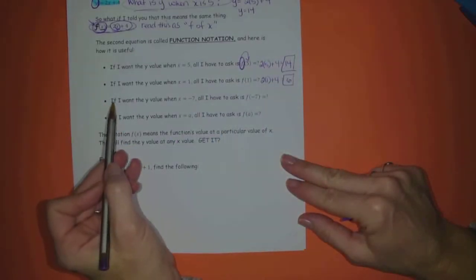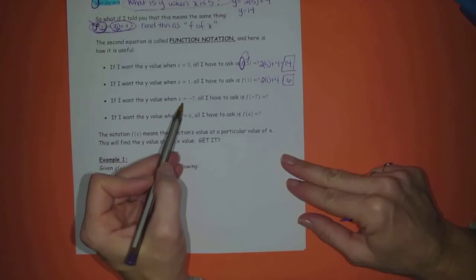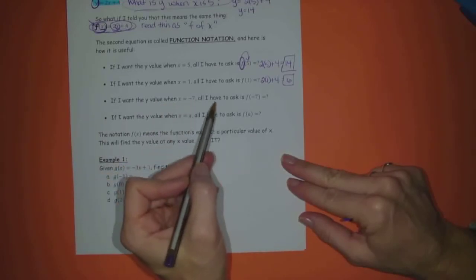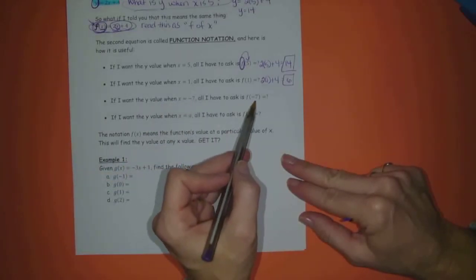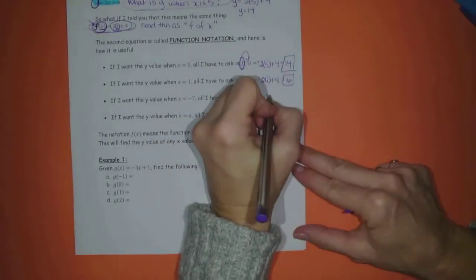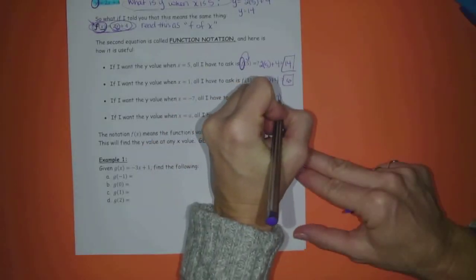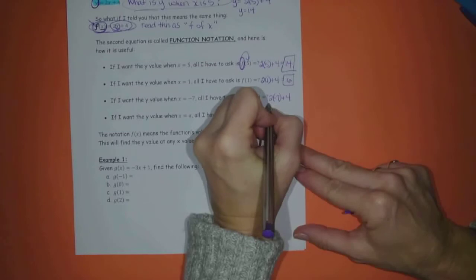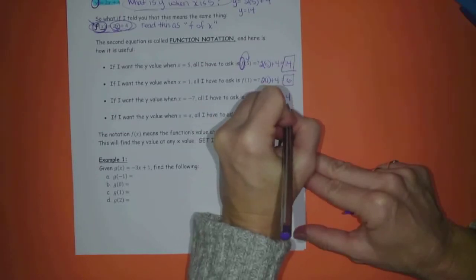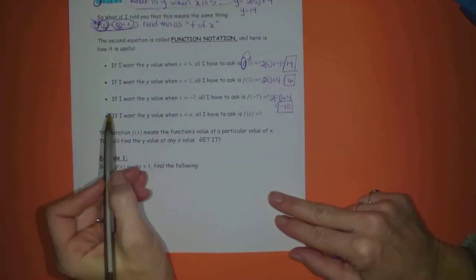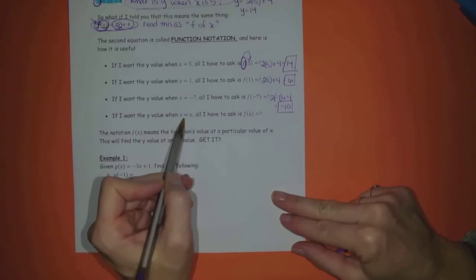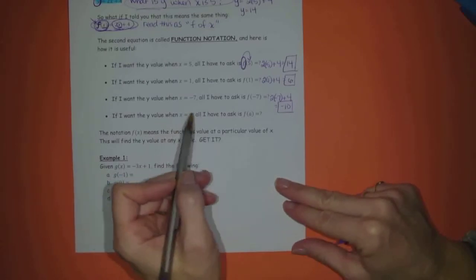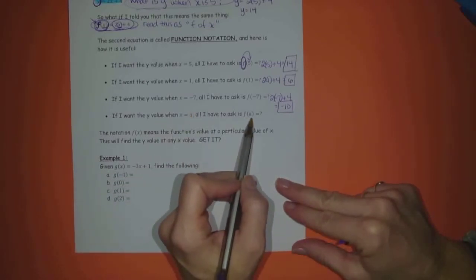The third bullet, if I want the y value when x is negative 7, all I have to ask is, hey, what's f of negative 7? So you would take 2 times negative 7 plus 4. This is going to give you negative 10. And if I want the y value when x equals a, all I have to ask is f of a equals.